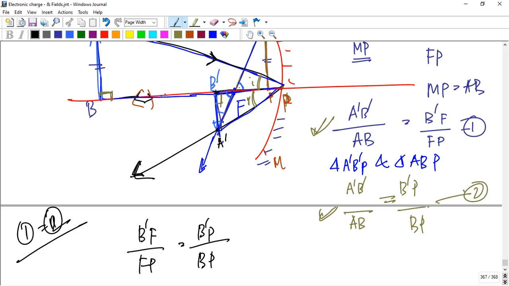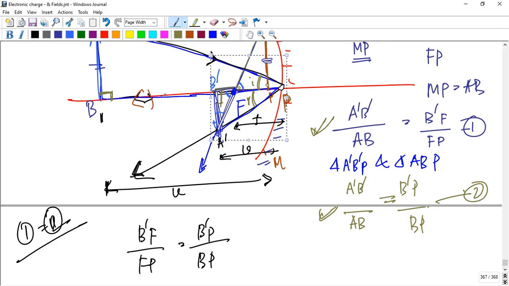From the object to the pole, that is U, the image to the pole is V, and from the focus to the pole is F. We need this length, so we take B dash P minus FP, that is BF.